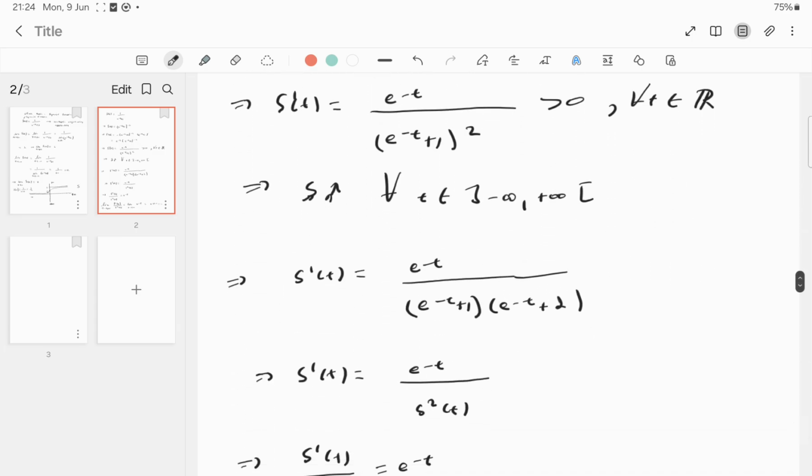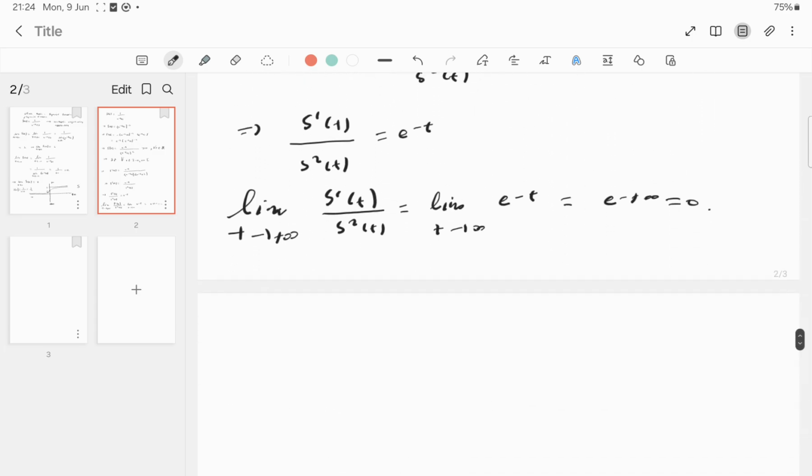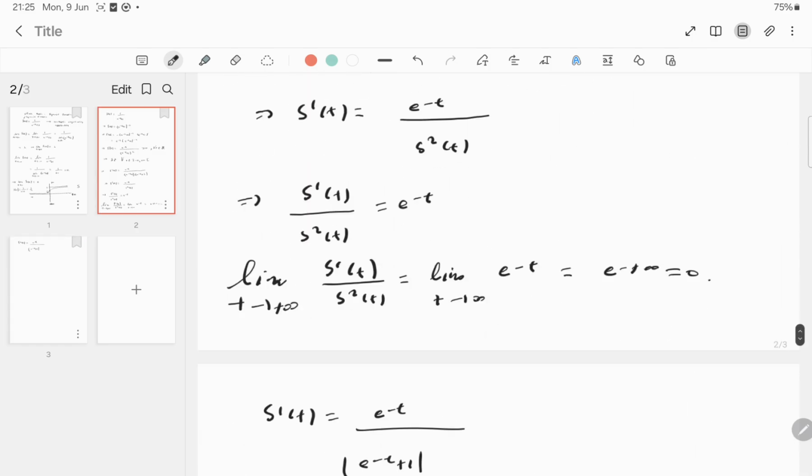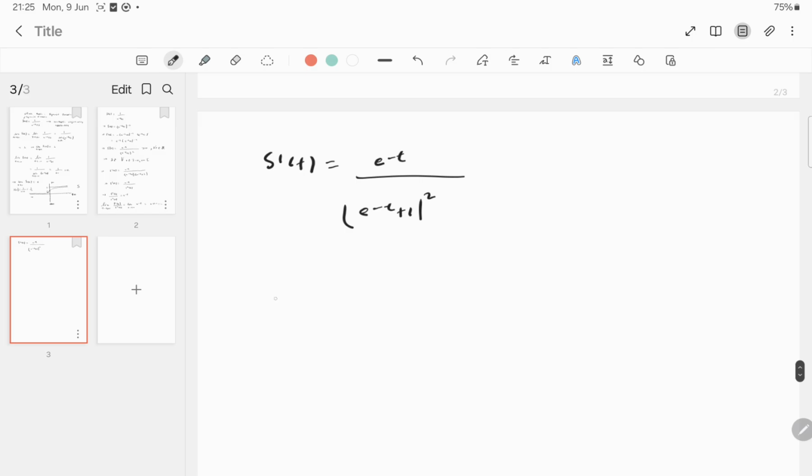What other property can we study? S prime of t equals the numerator e to the minus t over e to the minus t plus 1, all of it squared. Take the limit of the derivative as t grows to plus infinity. I can explicitly calculate this limit.